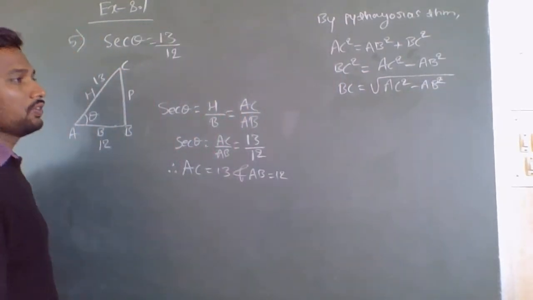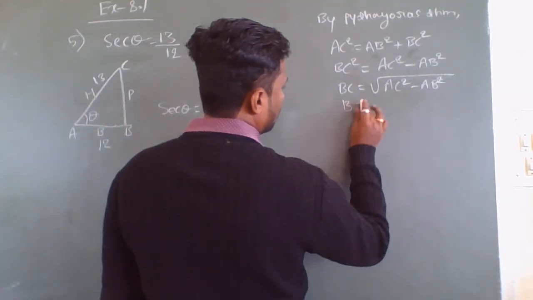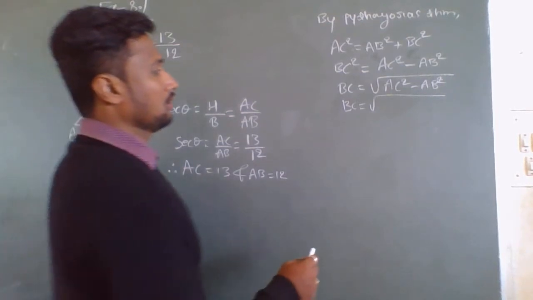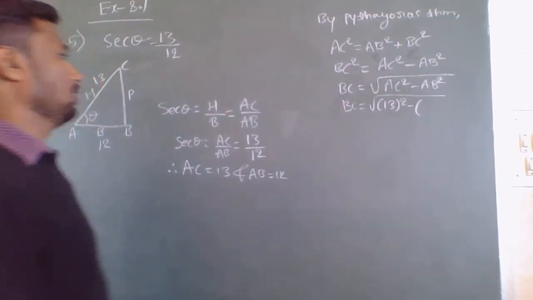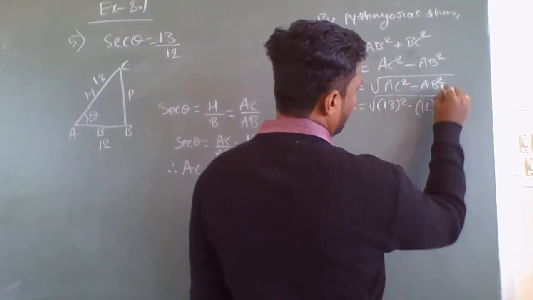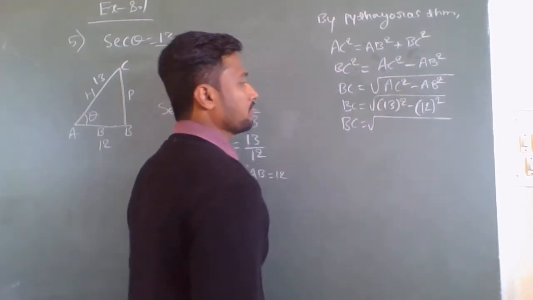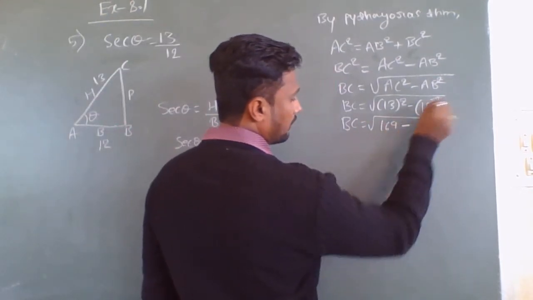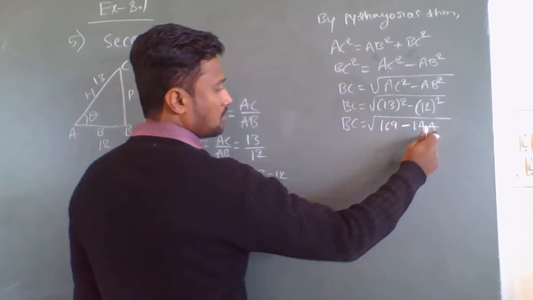Now we know the lengths of AC and AB. BC equals square root of 13 square minus 12 square. 13 square is 169, 12 square is 144.